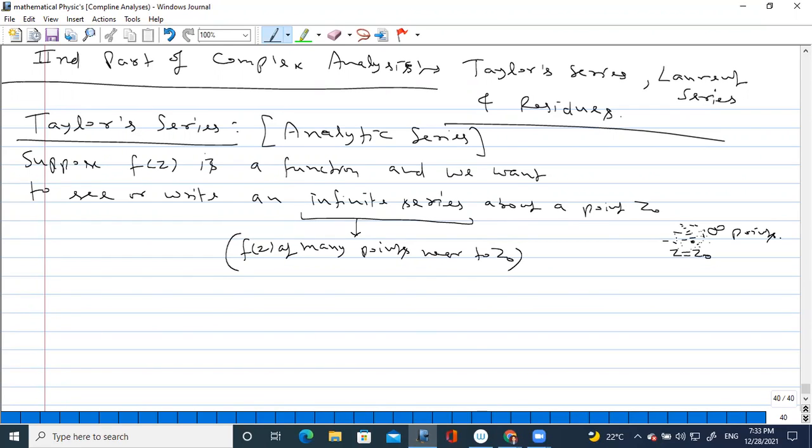So near to z0, so many points will be there. At all those points, I want to find out the value of function f(z). So that f(z) function, if I add, that will become a series. That series is known as infinite series. But that is near about a fixed point z0 only. Okay.